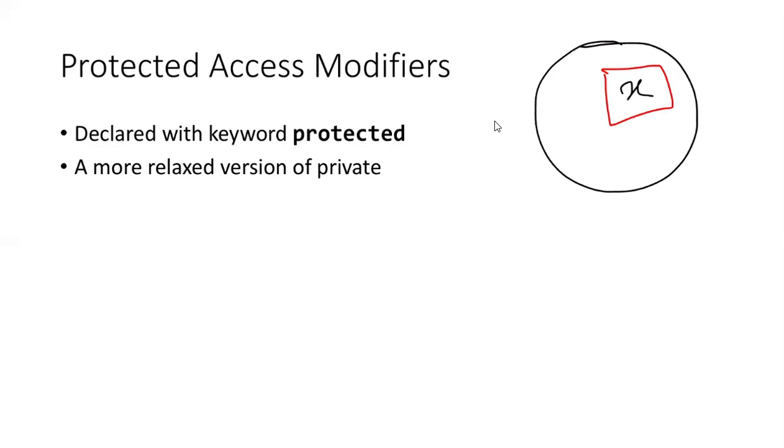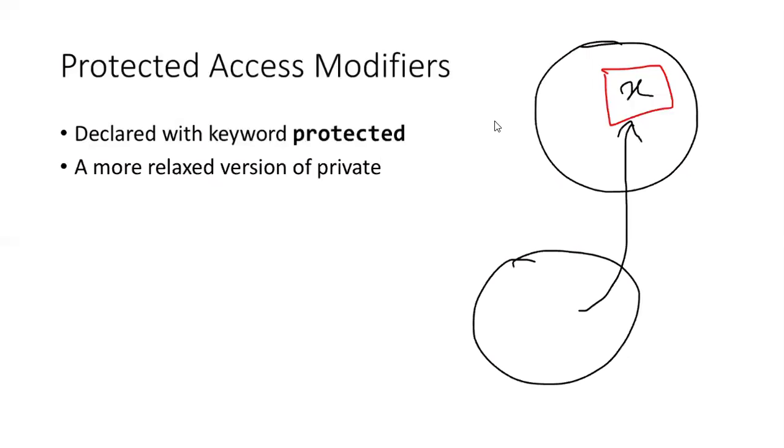When this is private, suppose I have another object here, of maybe the same class or from another class. If I try to access X from here, I will not be allowed. That is private. But if it is protected, then certain classes and objects are allowed to access X, based on some conditions.